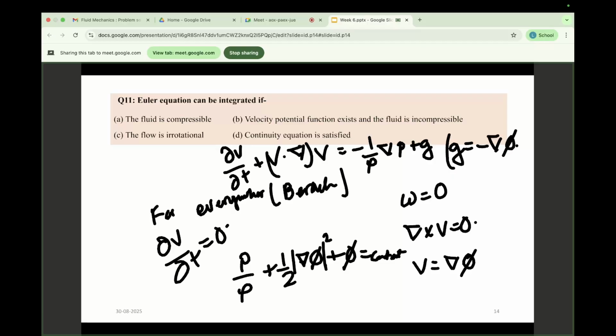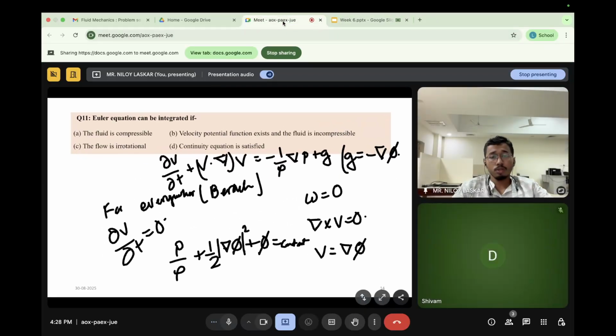Okay, so that is the scenario for the incompressible case. Is it clear or not? Up to this, any confusion or not? Any confusion?